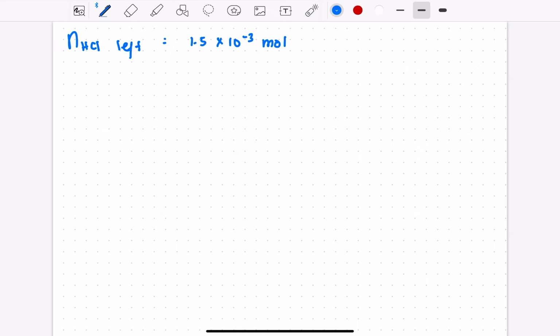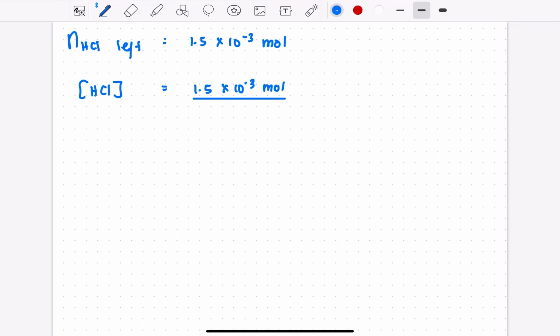Okay, so calculate the concentration of H plus, the concentration of hydrochloric acid. Okay, I'm going to use mole over volume. So what will be the volume?